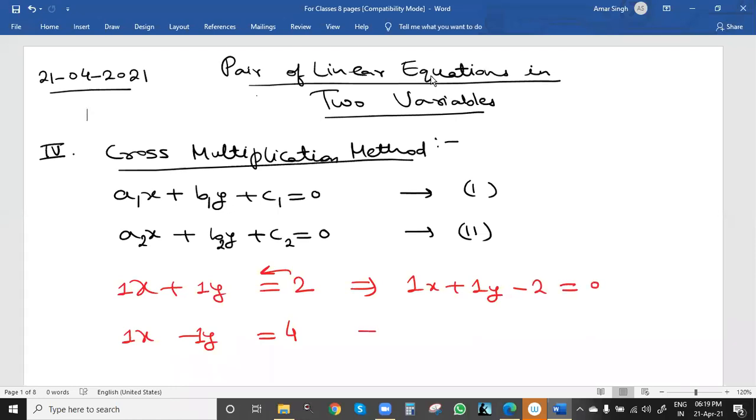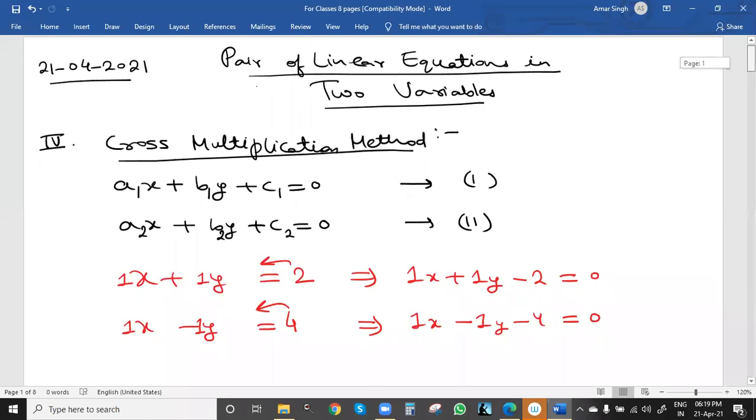Now we have it in standard form. Here also 1x minus 1y, and this 4 will go to the left hand side: minus 4 equal to 0. So we got the standard form.